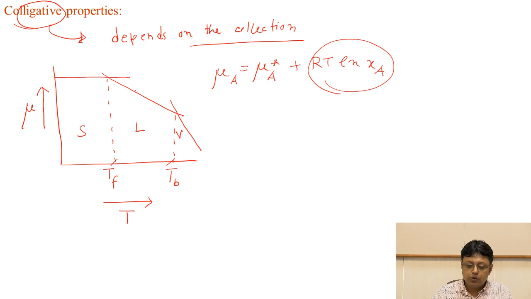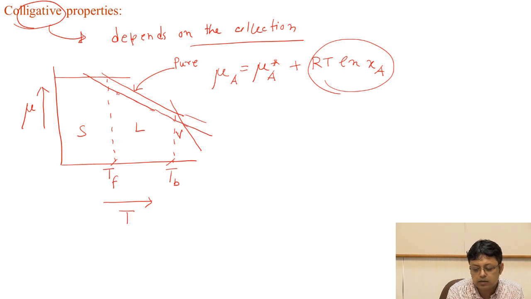So if this curve is for a liquid in pure form, in the mixture we'll have a new curve for the liquid which will lie below this curve, because the chemical potential is now less.